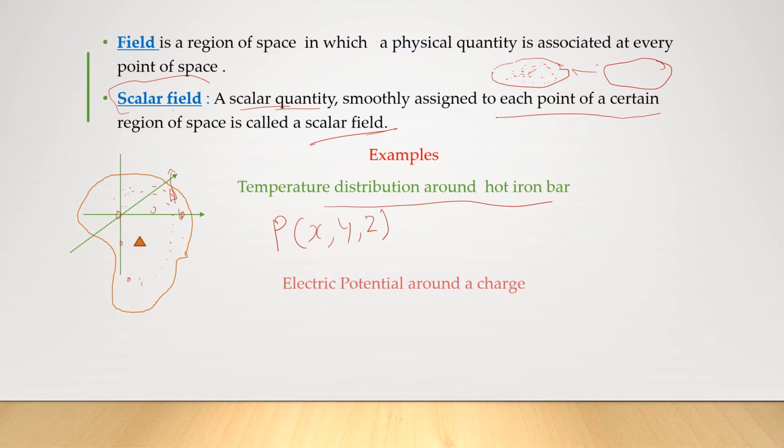Now, if I want to define temperature, associate temperature here, then that temperature is a function of coordinates x, y, z. It is defined in all the surrounding points of the hot iron bar.